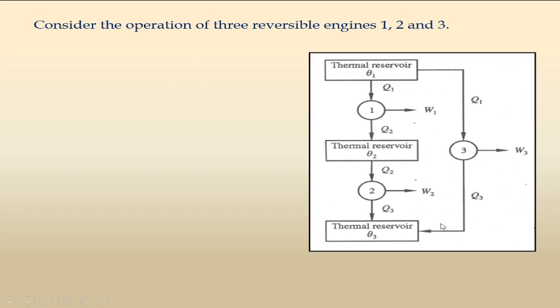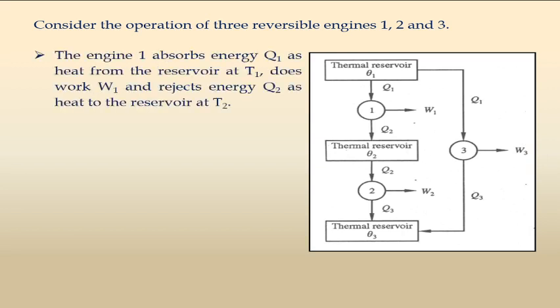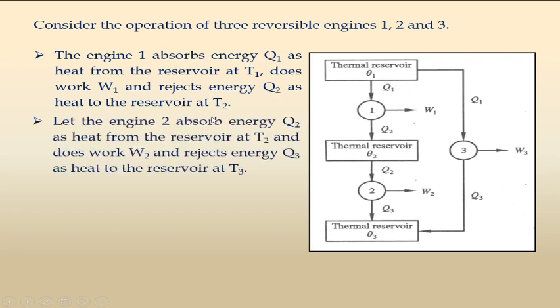That is engine 3. It will take Q1 amount of heat, reject Q3 amount of heat, and do a work of W3. Now we will represent these in the form of equations. Engine 1 absorbs energy Q1 as heat from the reservoir at T1, does the work W1, and rejects energy Q2 as heat to the reservoir at T2.